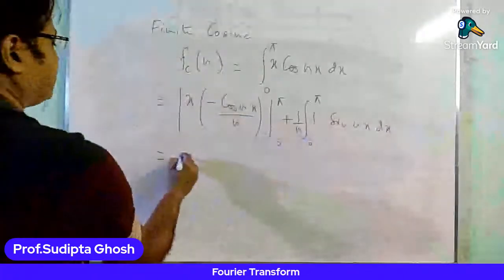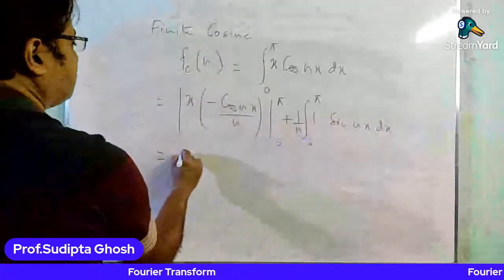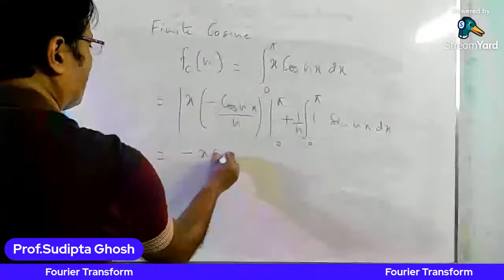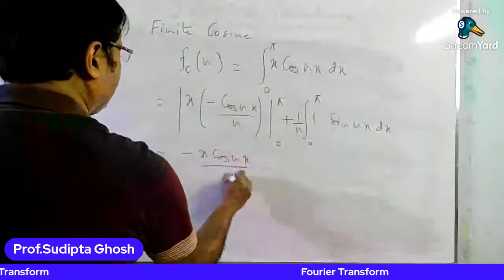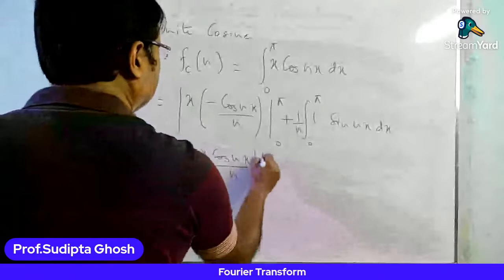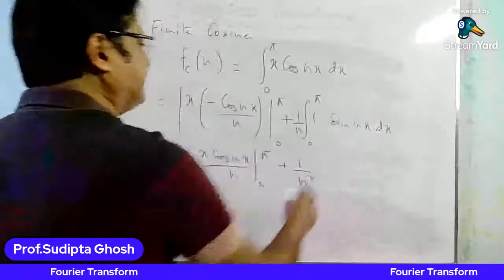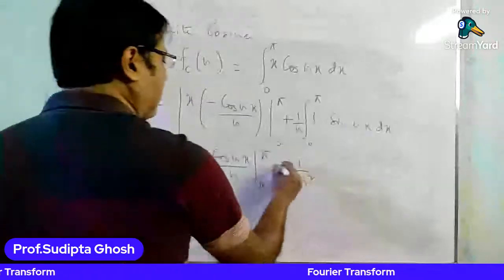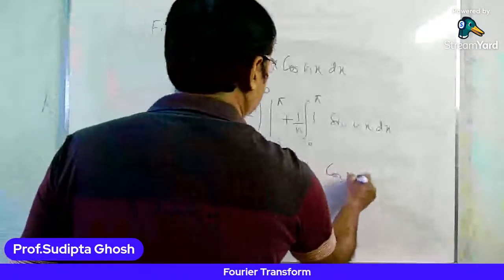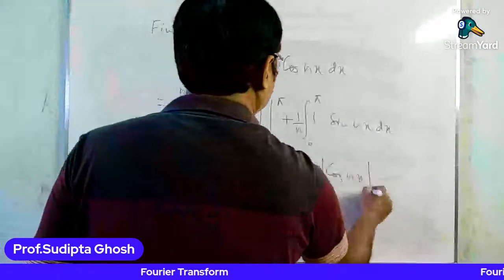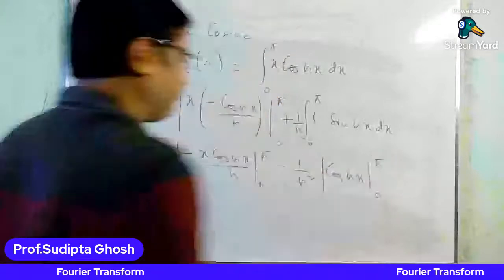So this is minus x cos nx by n, where limit stands 0 to pi, then 1 by n square, and integral of sine becomes minus cos nx, and the limit is 0 to pi.